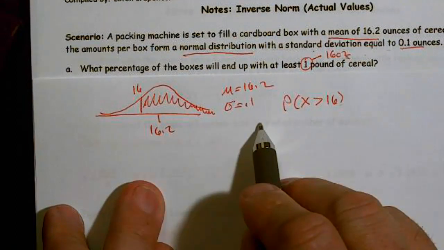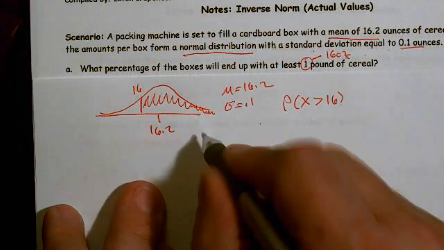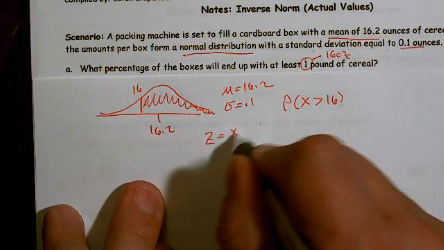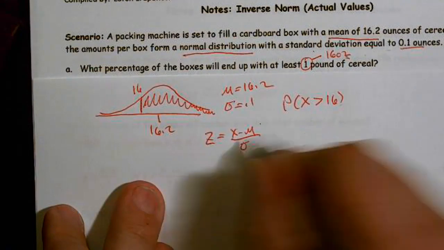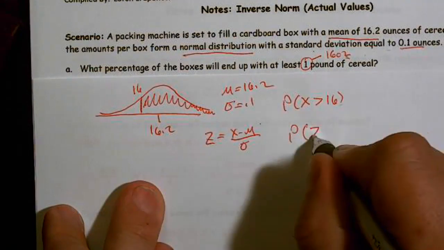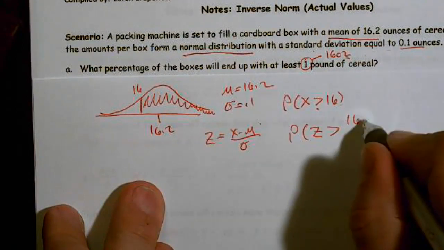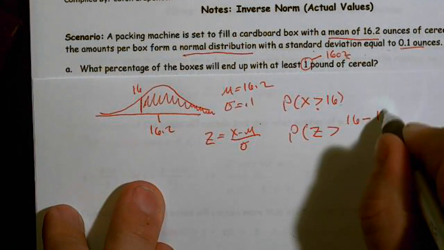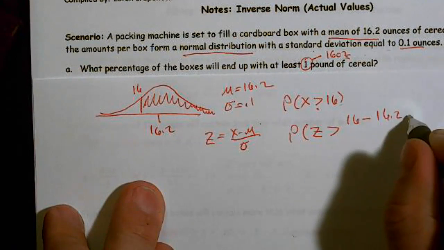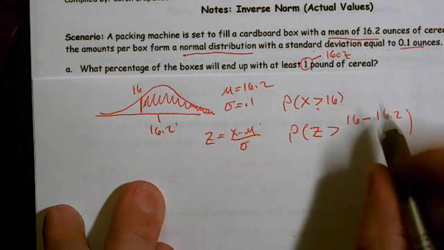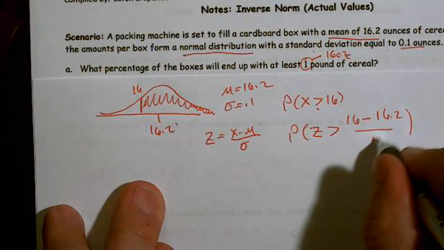Anytime we're working with normal, I write down Z equals X minus mu over sigma and start plugging in. So the probability that Z is greater than 16 minus the average of 16.2, divided by my standard deviation of 0.1.